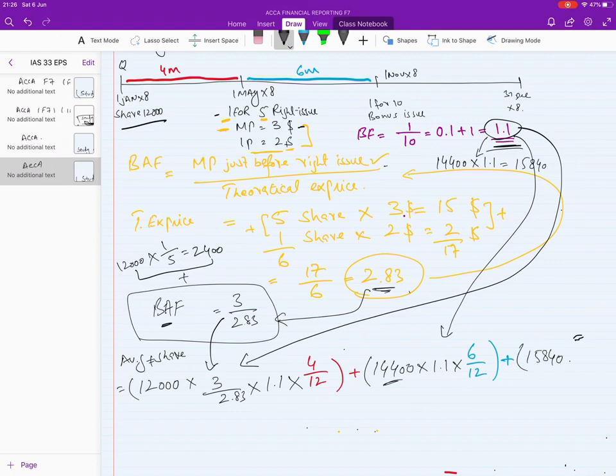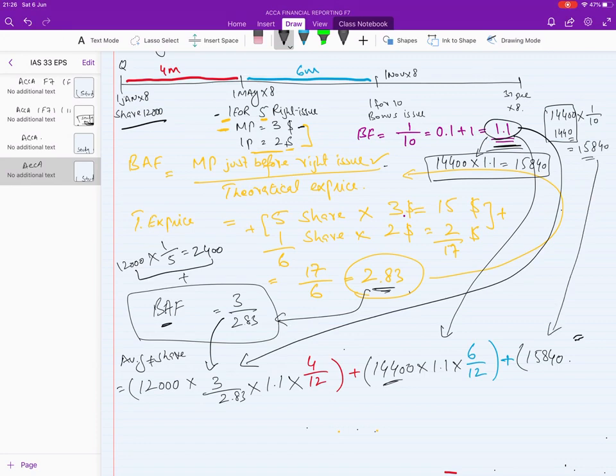Or you can calculate this way: the company was having 14,400 before. Now the company is issuing 1 share for 10. So how many new shares is the company issuing? 1,440. If you add these two, it gives you 15,840. Just put it here.